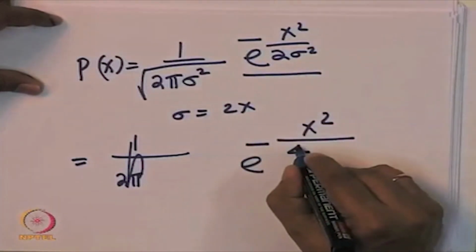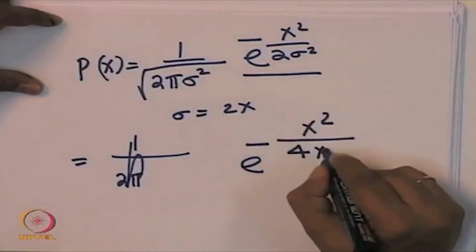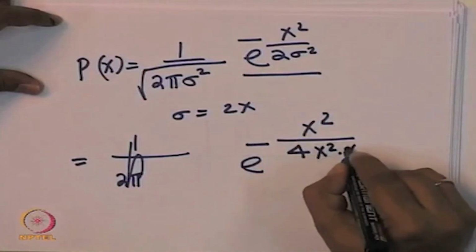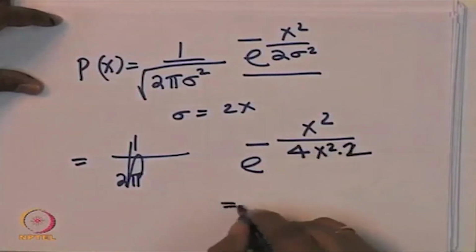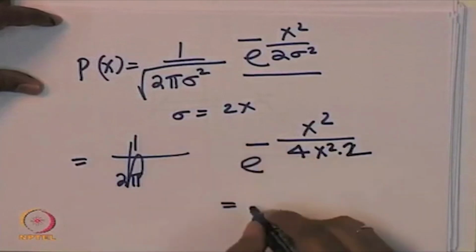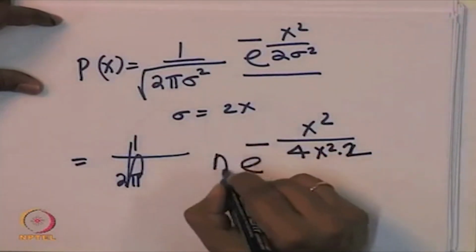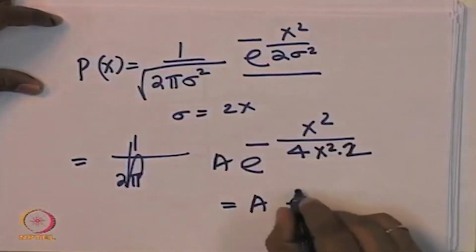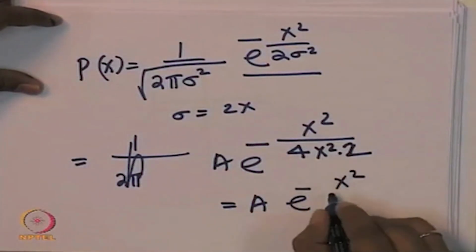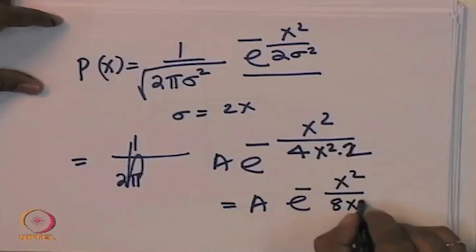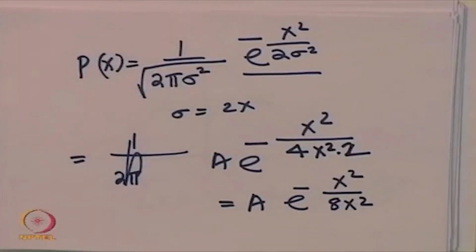So, 2x square is 4x square and again 2 into 4x square. So, we get this particular part; let me call this a itself, a e power minus x square by 8x square.